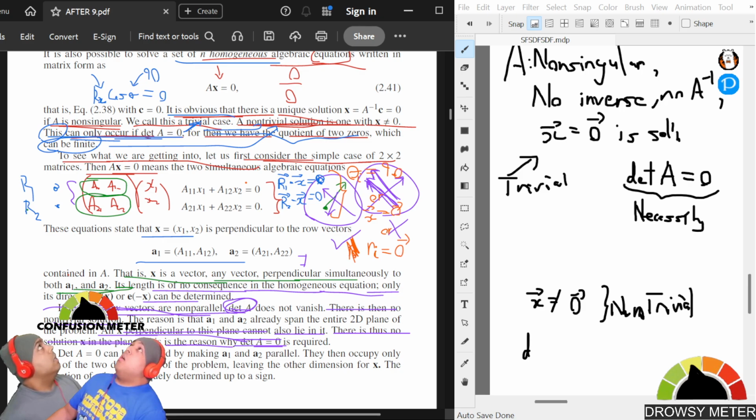If the two row vectors are non-parallel, determinant A does not vanish. Let me Google this now.